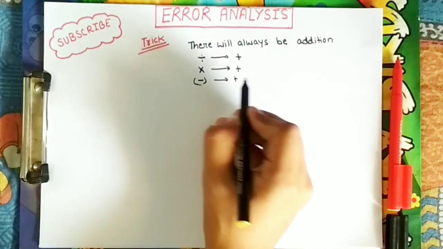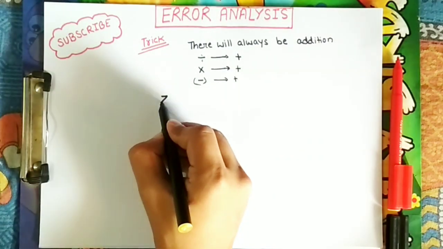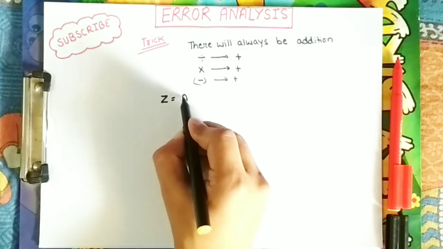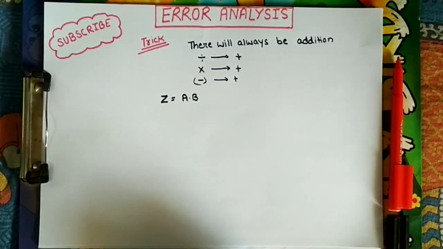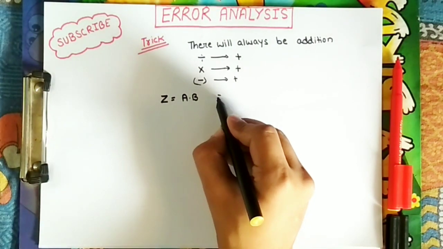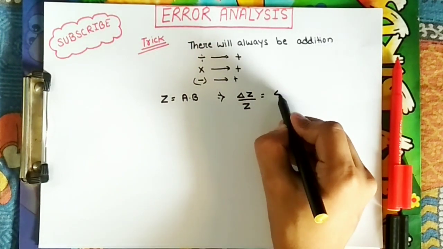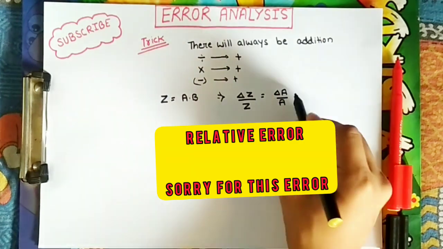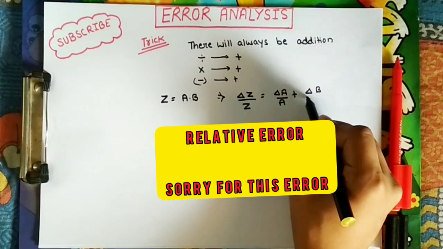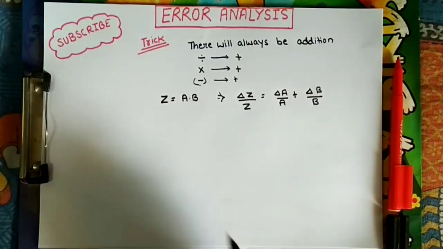we will use plus. For example, if z is equal to a into b, and you have to find the relative error in z, then we will say delta z by z is equal to delta a by a plus delta b upon b. We will always use plus.